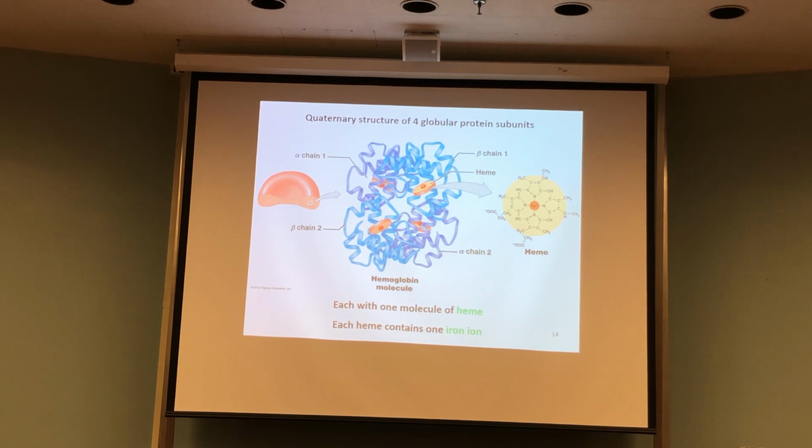Okay. Now, how many red blood cells in a single drop of blood? 160 million. How many hemoglobin molecules in a single red blood cell? 1,000, 10,000?